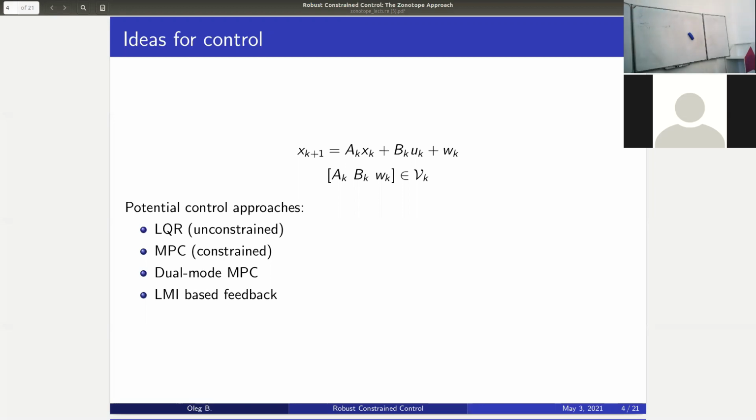Another solution is dual mode MPC or tube-based MPC. You design some feedback gains, apply them to your system, and only correct.